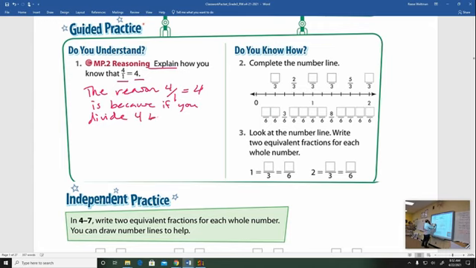All right, because if you divide 4 by 1, it equals 4. Does that make sense?